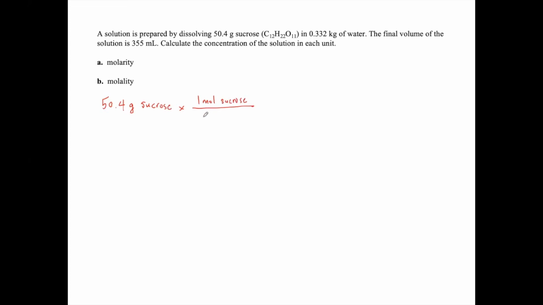Okay, 1 mole of sucrose, molar mass of sucrose is 342.296 grams. I suppose I should write the formula out. Okay, so that ends up being 0.147, the 7 being the least significant digit, 2 moles.